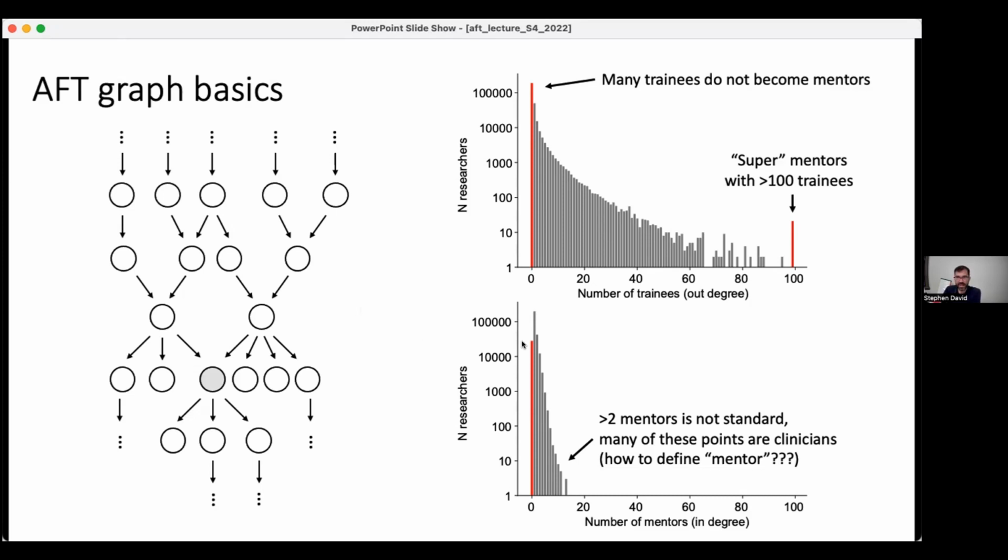I guess this is the first point about dealing with real-world data: you don't know what you don't know. We don't know exactly what this graph should look like. So that's something we've spent a bit of time on. We've done some spot checks to try to assess how complete the tree is, and within the academic family tree, there's a certain amount of variability.